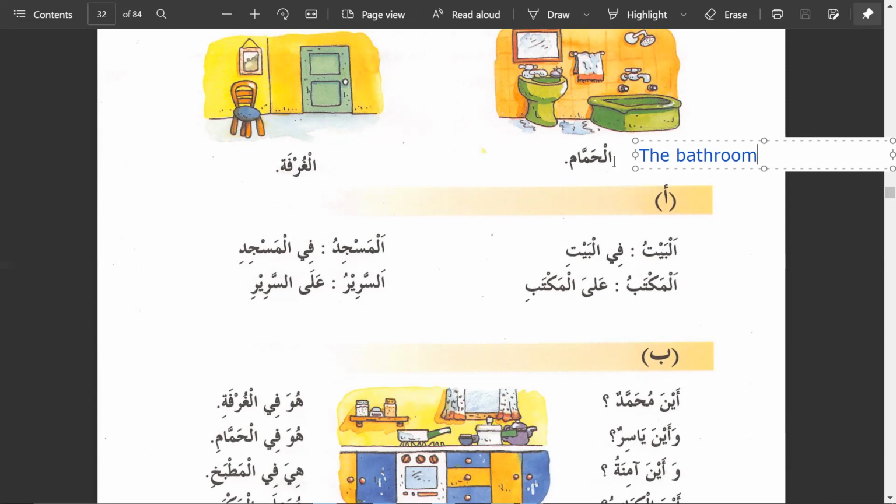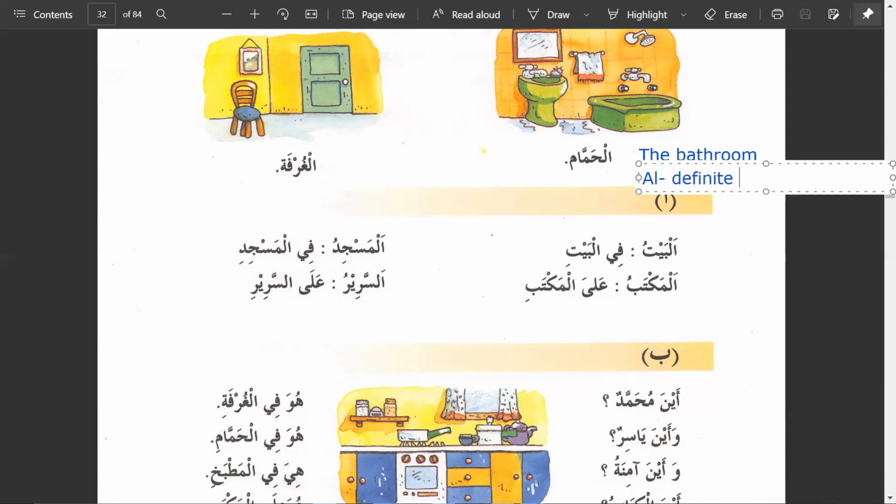Al is a definite article, and one type of ism.